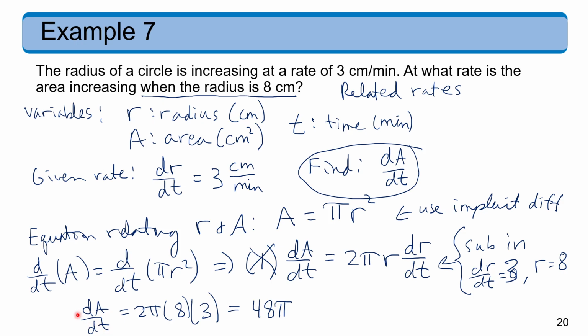Notice the derivative here should be units of area over units of time. So square centimeters over minutes. Okay, and so this example illustrates the basic strategy for related rates problems.